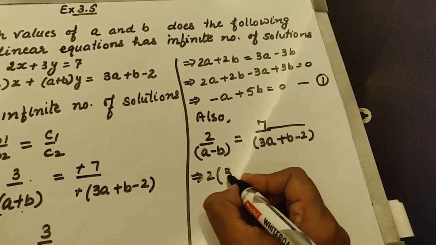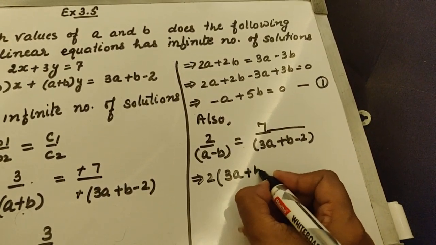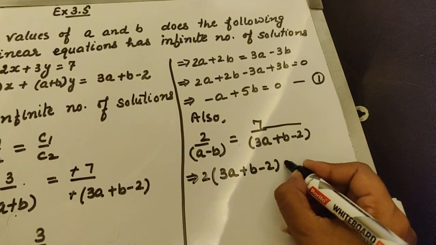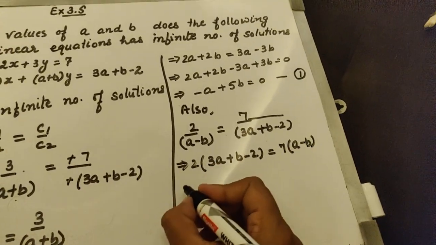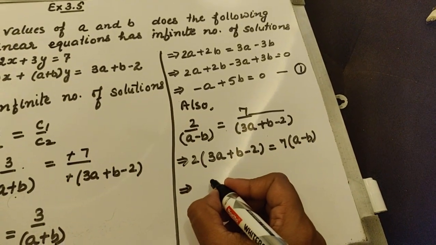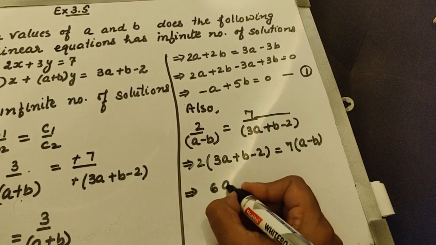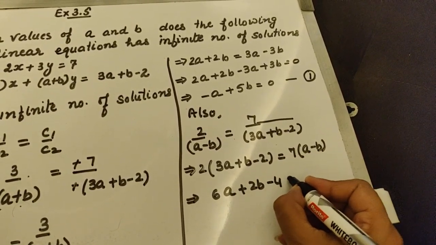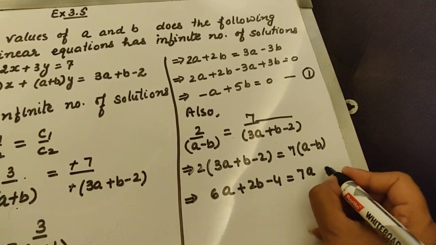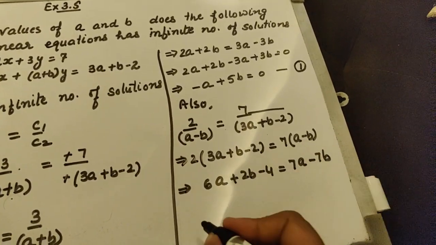This implies 2 into (3A plus B minus 2) is equal to 7 into (A minus B). This implies 6A plus 2B minus 4 is equal to 7A minus 7B.